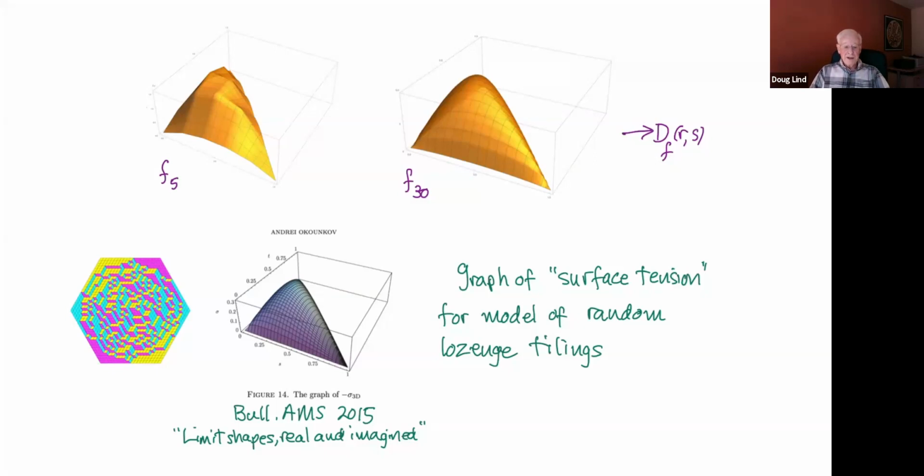In his article is the graph of a function which is the same function. It comes from a completely different set of mathematics. It was originally discovered by looking at random lozenge tilings that look like this, and a dimer model in statistical physics. This function is called the surface tension for the model, and it has exactly the same formula. But it's not clear what the connection is.